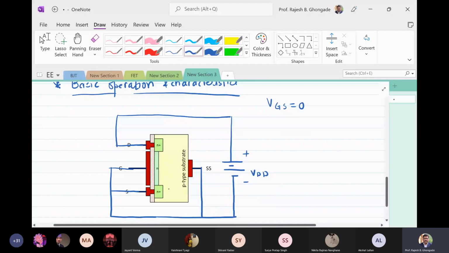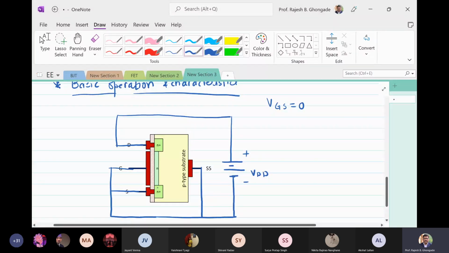So if I apply VDD like this, what will happen? What do we see here? We see that you are applying voltage to this particular channel, which is a bar or piece of semiconductor N-type material. Now this N-type means यहाँ पे क्या होगा?